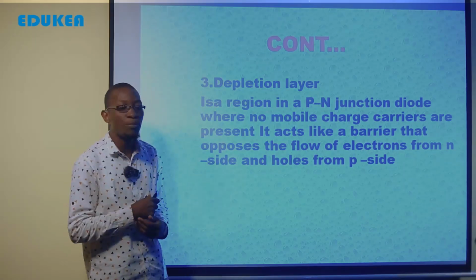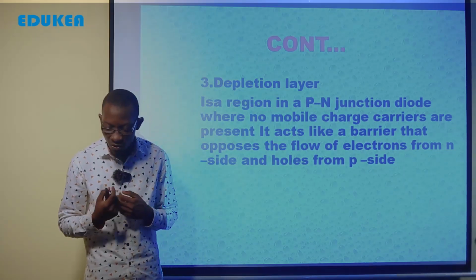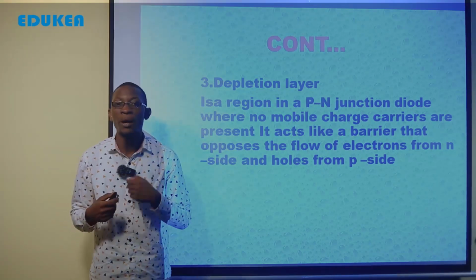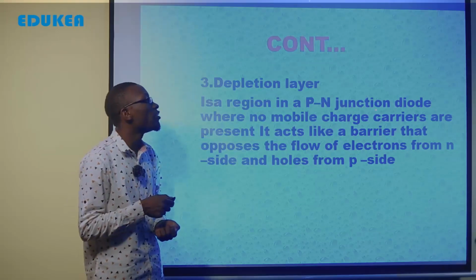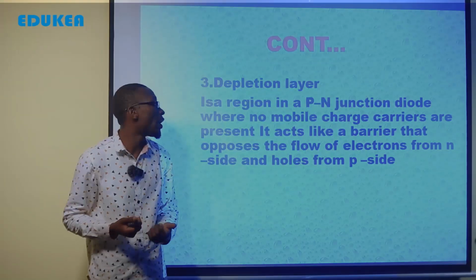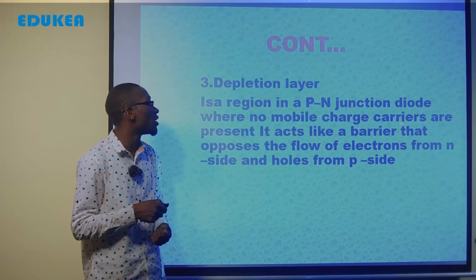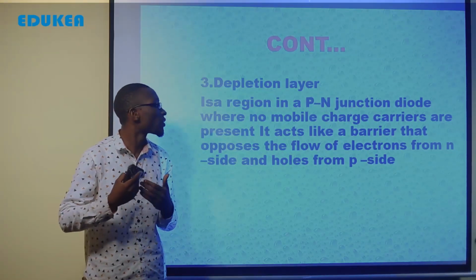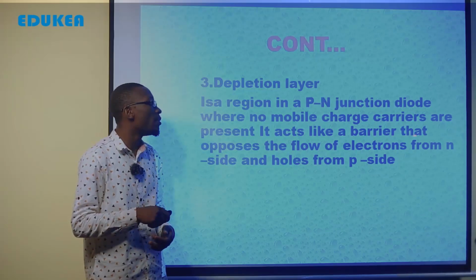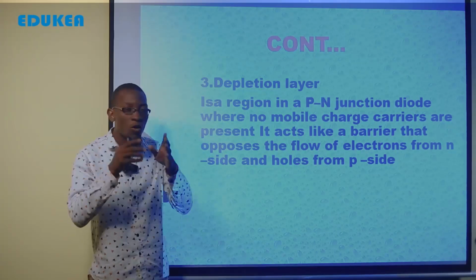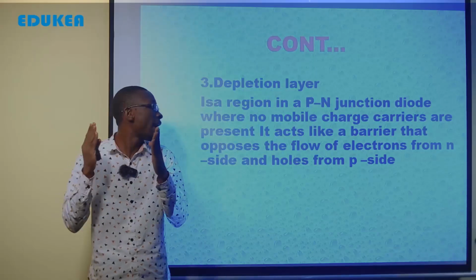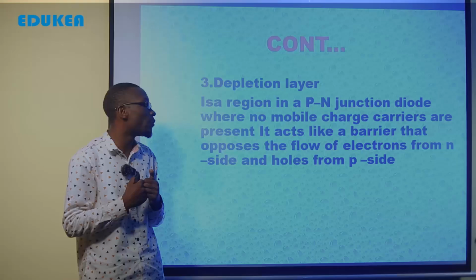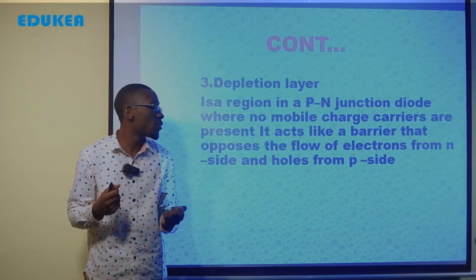Tunasema kwamba depletion layer is the region, kwamba hili ni eneo katika PN junction diode where no mobile charge carriers are present. It acts like a barrier that opposes the flow of electrons, kwamba depletion layer ina act kama barrier ambayo inafanya kazi ya kupinga flow of electrons from the N side and the holes from the P side.